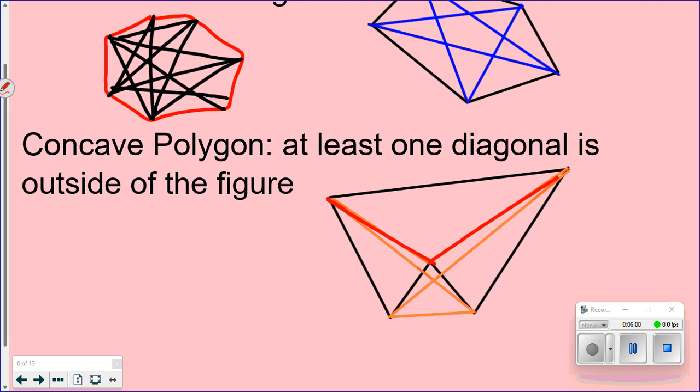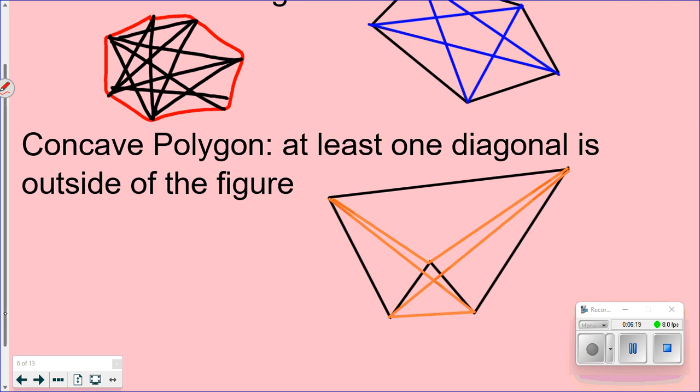I took over here and connected down here. You always take the path of least resistance, so it's right directly to it. Notice how they're on the outside. So if they go through the outside of the polygon, then it's called a concave polygon.